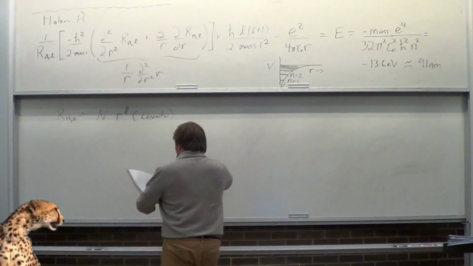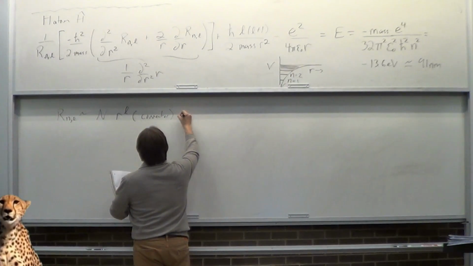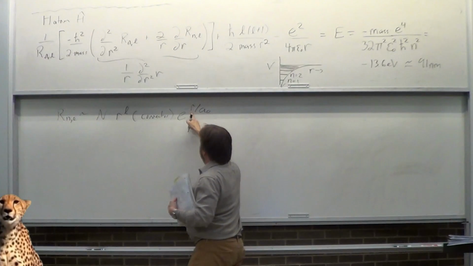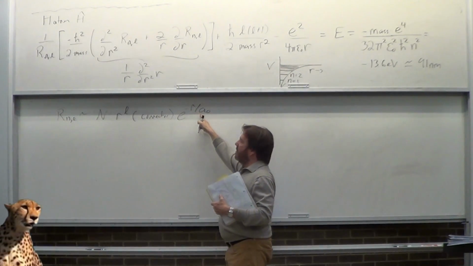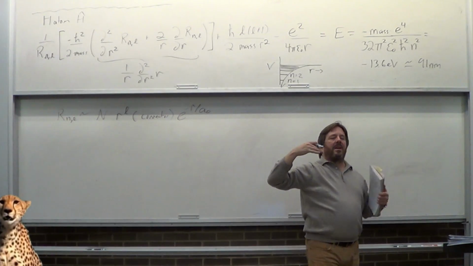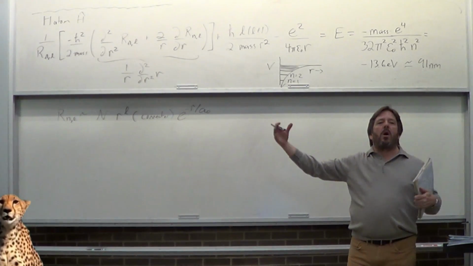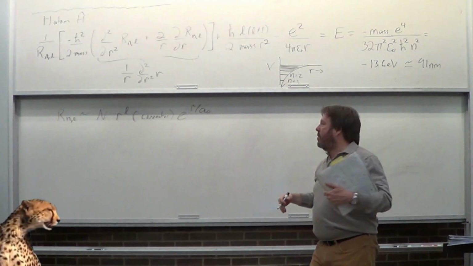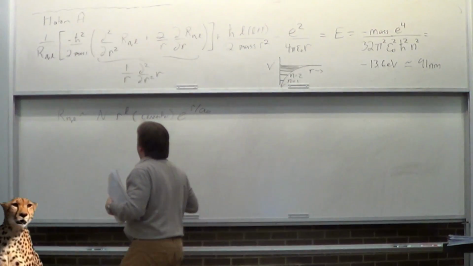Go up another one, you get 2 nodes. Then E to the minus R over A naught. Sometimes it's R over A naught, sometimes it's R over 2A naught, sometimes it's R over 3A naught. That's just because the wave functions get bigger and bigger as you go up the n ladder. They get further away from the nucleus. I talked a little bit about that once. It's not a big deal.